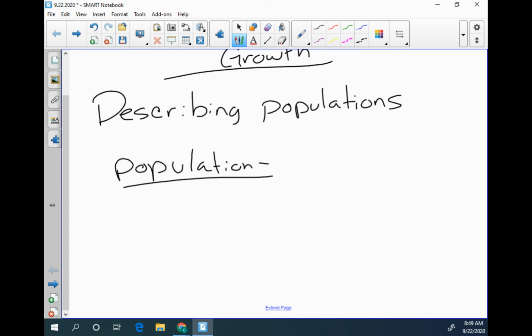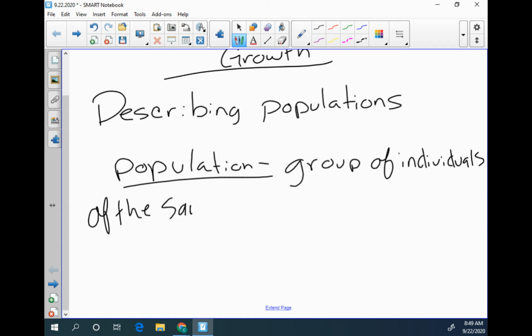Yes, exactly. A population is a group of individuals of the same species, and we're going to limit that to a single area.